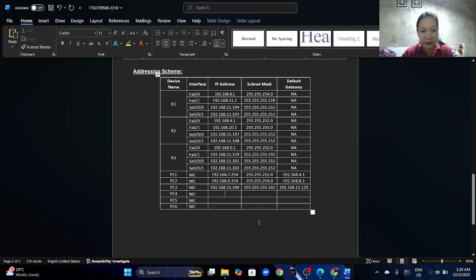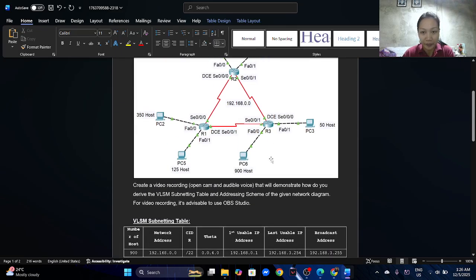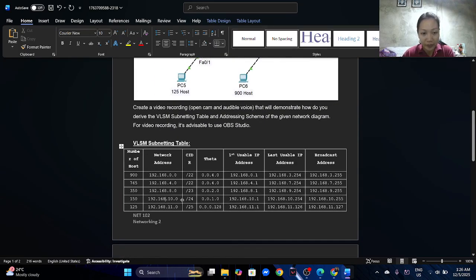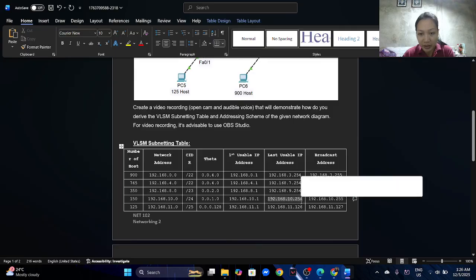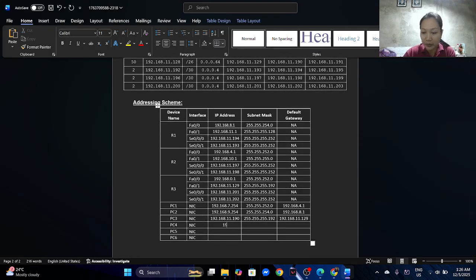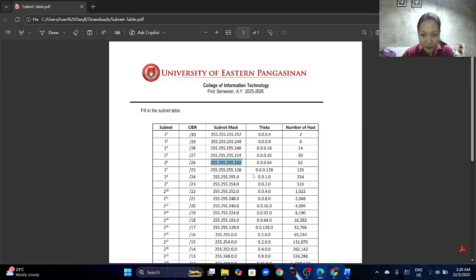So PC4 is host 150. So the last usable address will be the IP address, 192.168.10.254. Host 150 is CIDR /24.